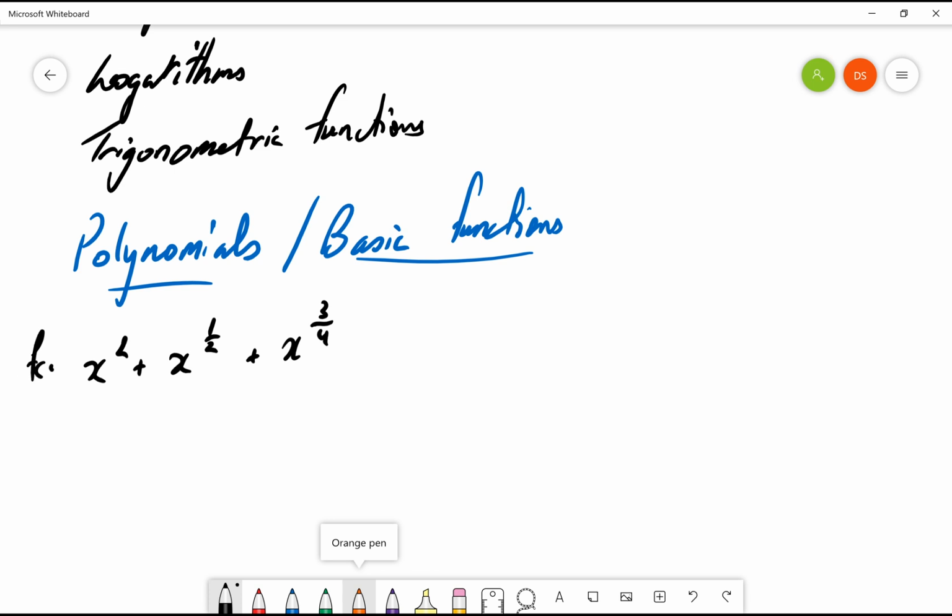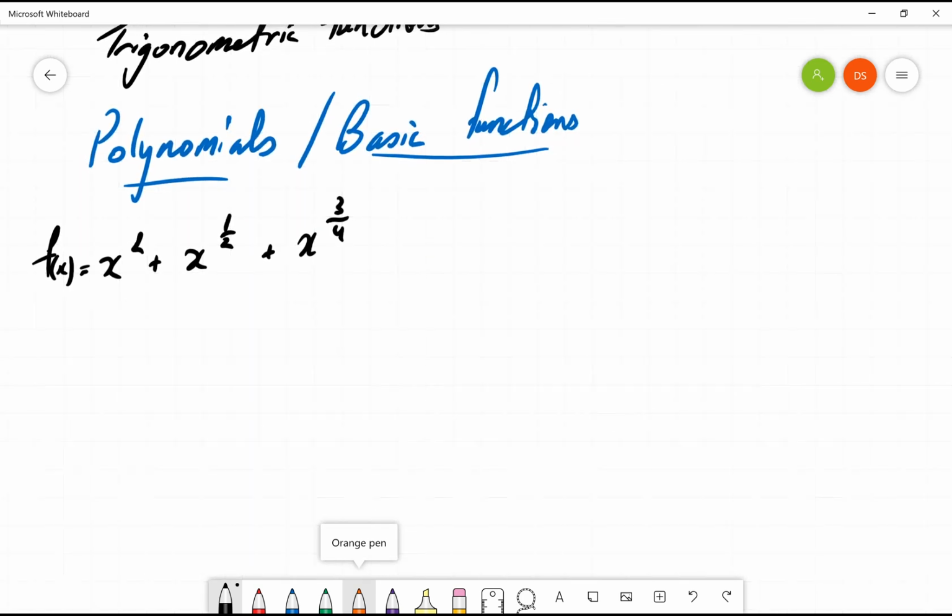If I called this a function, it's easy to differentiate. It's not a polynomial, but it kind of looks like a polynomial. We can differentiate that. We can also differentiate bracketed functions.